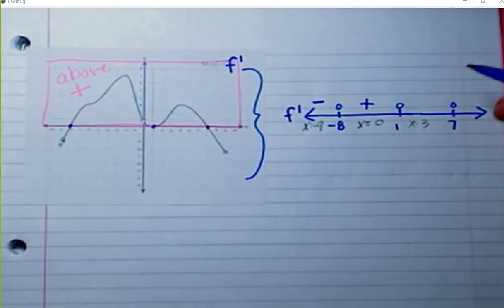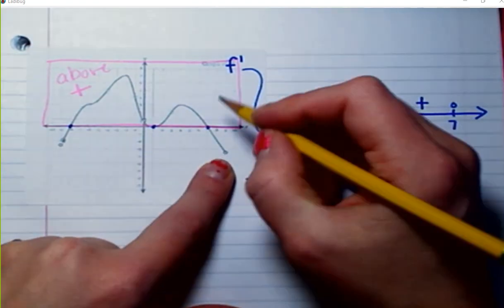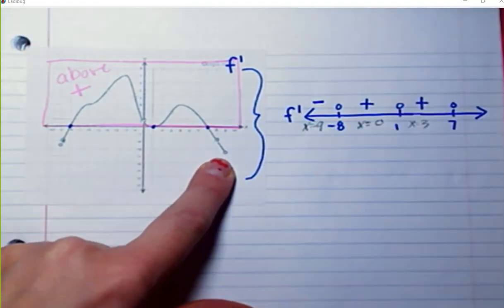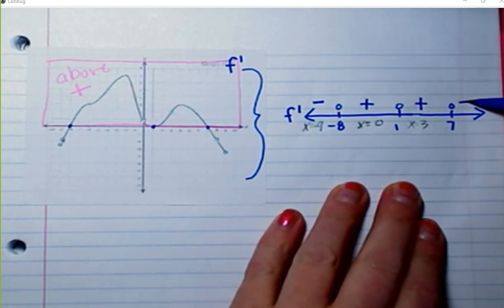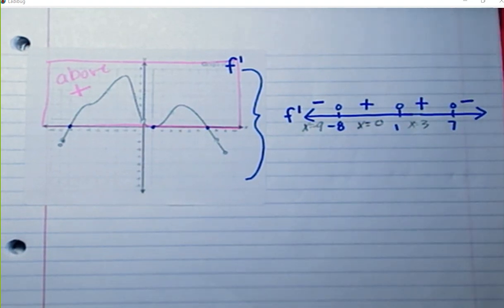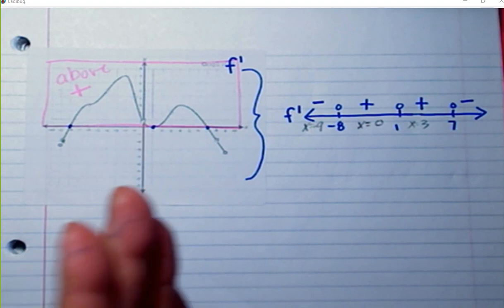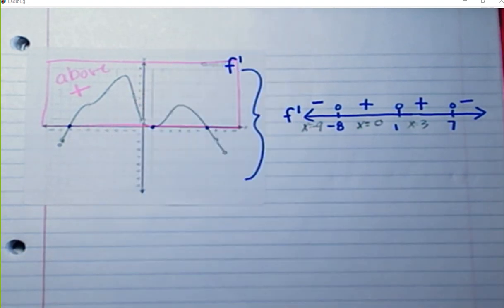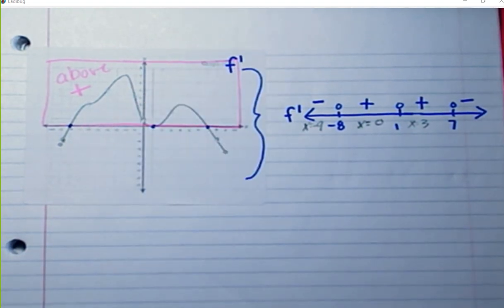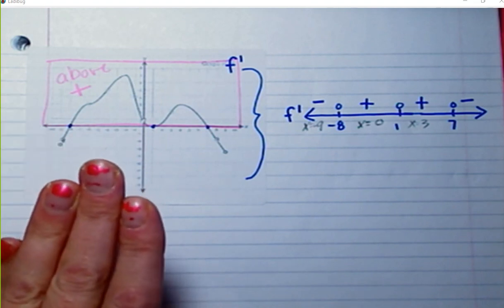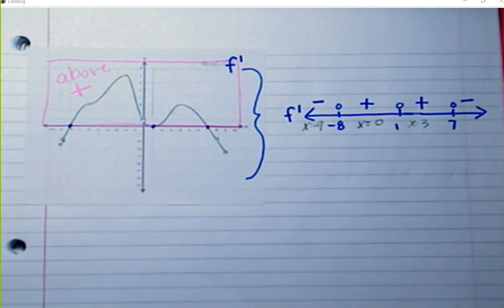It's positive. Okay, and then right here, it's negative. So now that I have the number line, it's easier to interpret once you have the number line. It's hard to look at the picture and say something about f of x.